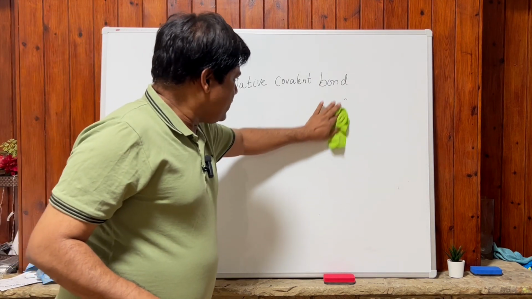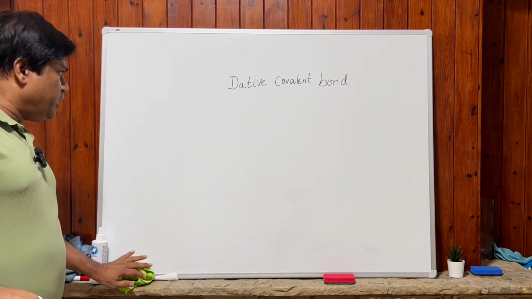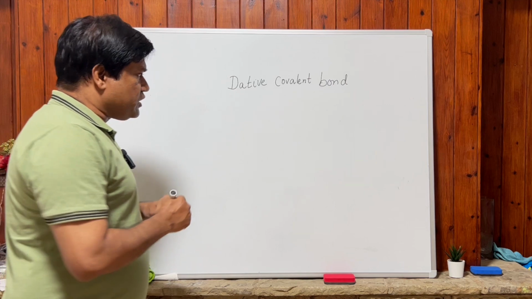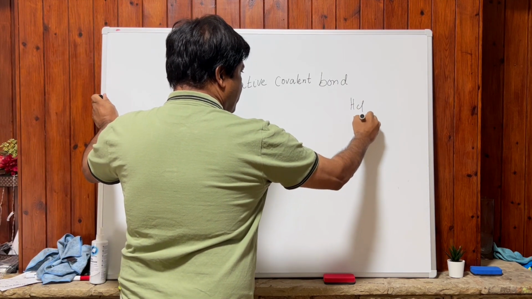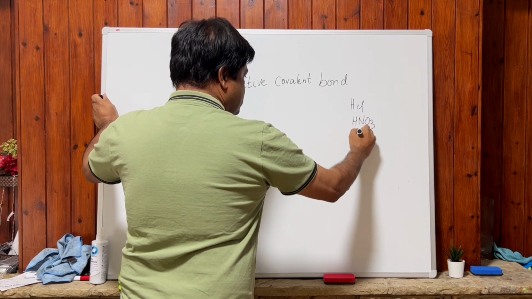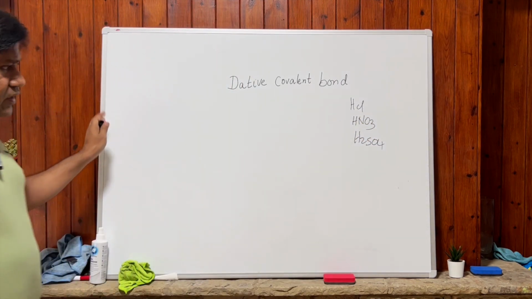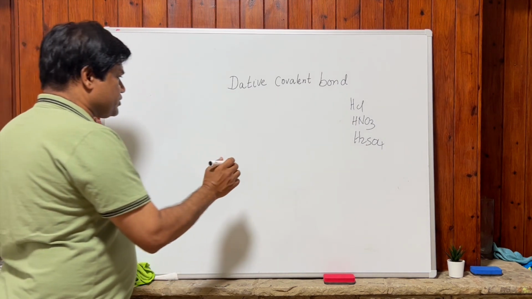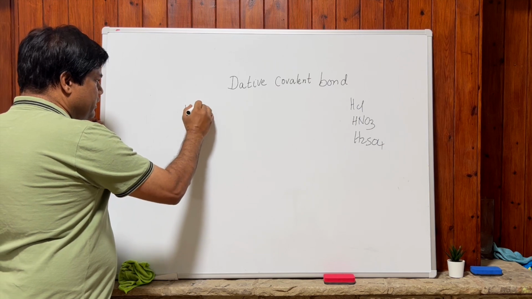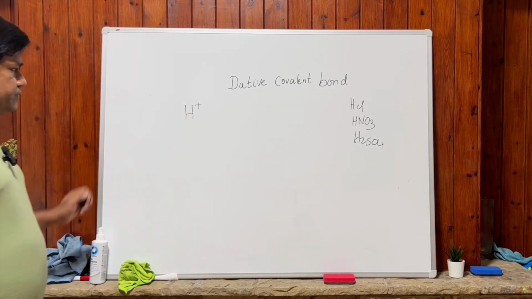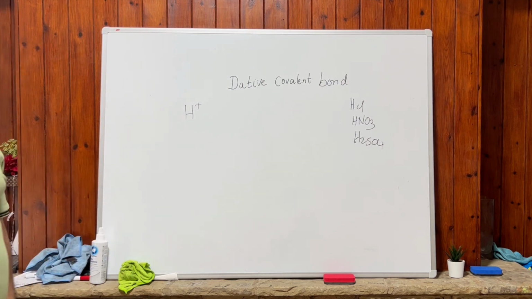Any acid, like HCl, HNO3 nitric acid, sulfuric acid, hydrochloric acid, when dissolved in water gives away H plus ion. That H plus ion has no electron.